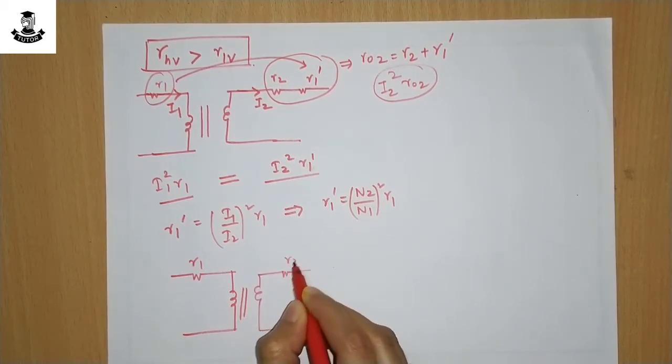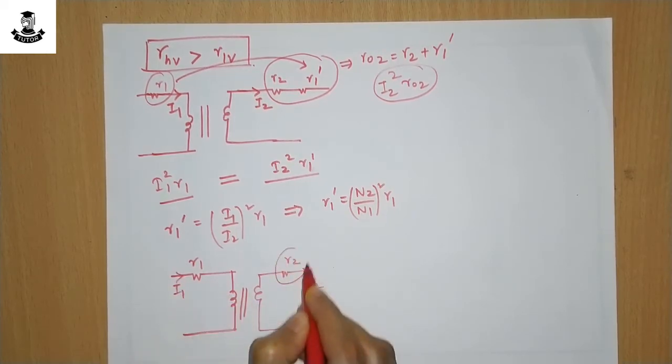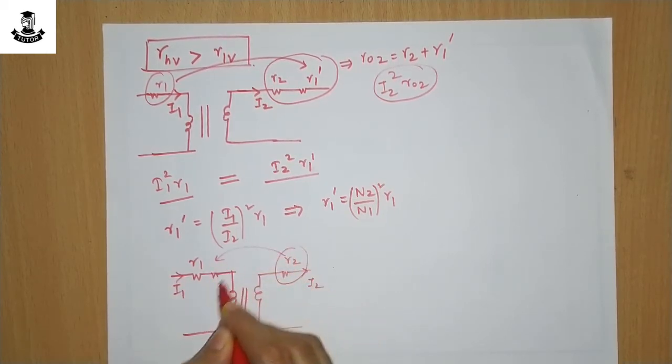This is R2. This is I2. This is I1. Suppose this R2 is transferred here as R2 dash. What is R2? Secondary winding resistance referred to secondary, and R2 dash is the secondary winding resistance referred to the primary.